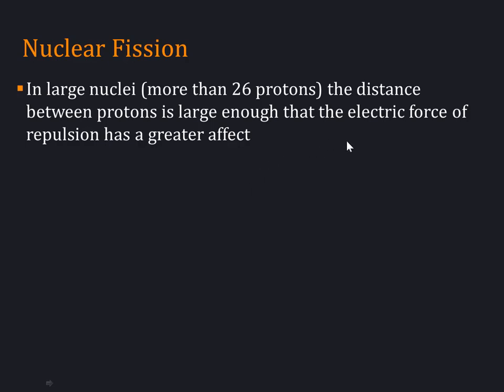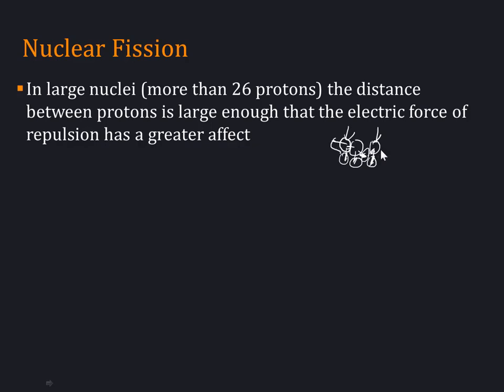greater effect. So remember, in the nucleus, there's protons and neutrons, and the neutrons help to stabilize it if there's the right amount. And so you have protons that are going to be pretty close to each other, and the strong nuclear force holds these ones together, and these ones together, and these ones and these ones. But this proton and this proton, they're more than two protons apart.